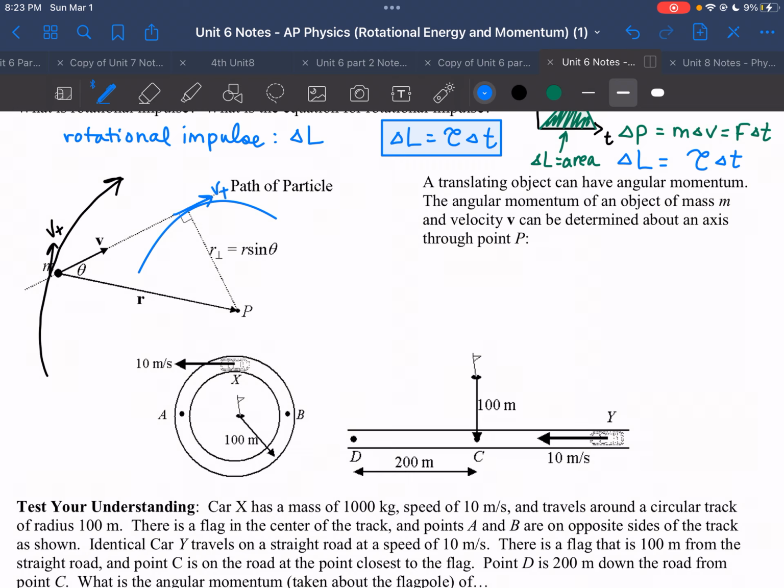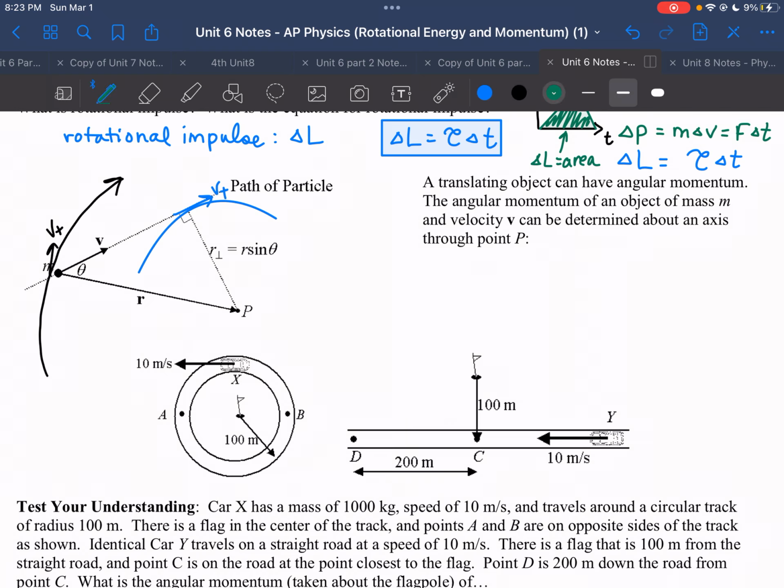So as it gets closer and closer, the radius is going to decrease and the actual velocity is going to increase. Because again, more of that circle, if you're looking at the components in this direction, more of that circle is going perpendicular as it gets closer. Then that's going to decrease as it gets further and further away.